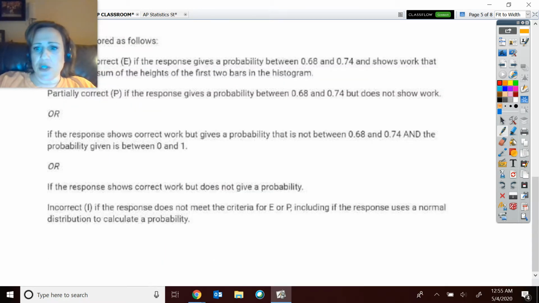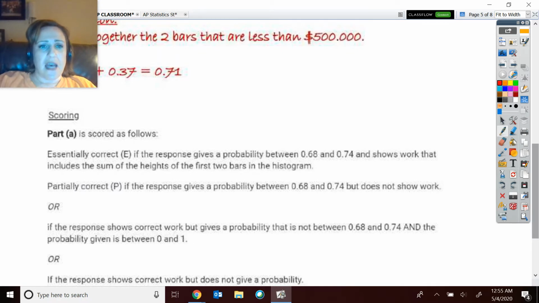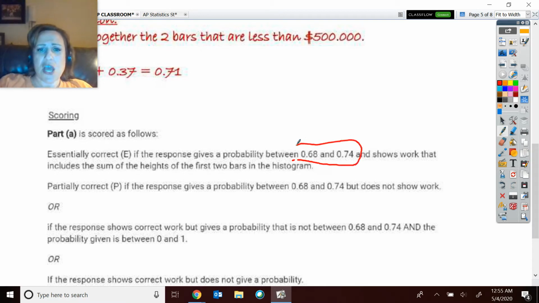If you're pretty close to that, if you had put 0.36, that'd be fine. It's essentially correct if you give a total between this and this. They gave you leeway on what those numbers could have been, since they were approximate, and it shows the work for the sum of those first two bars.